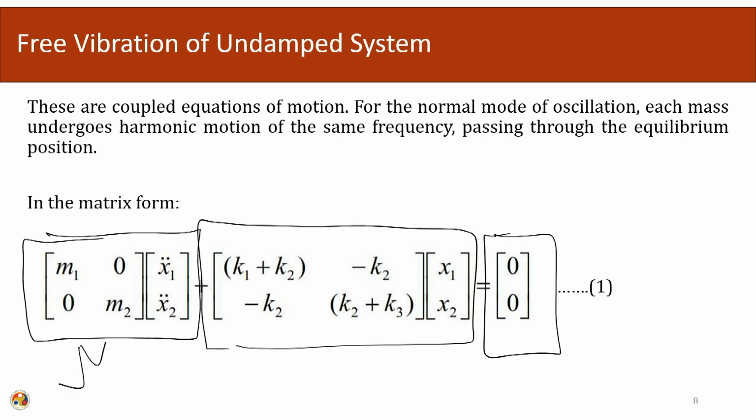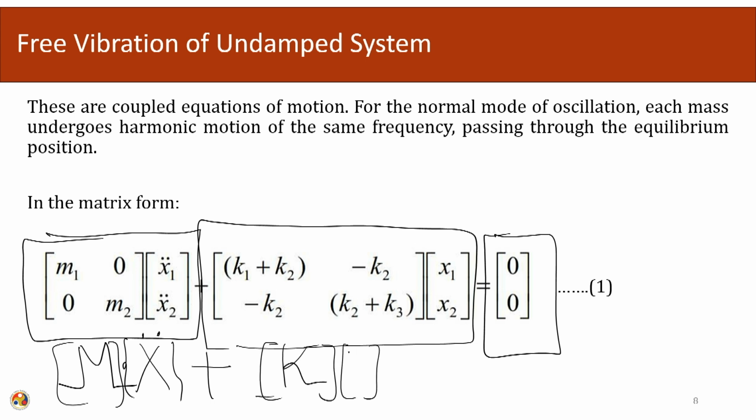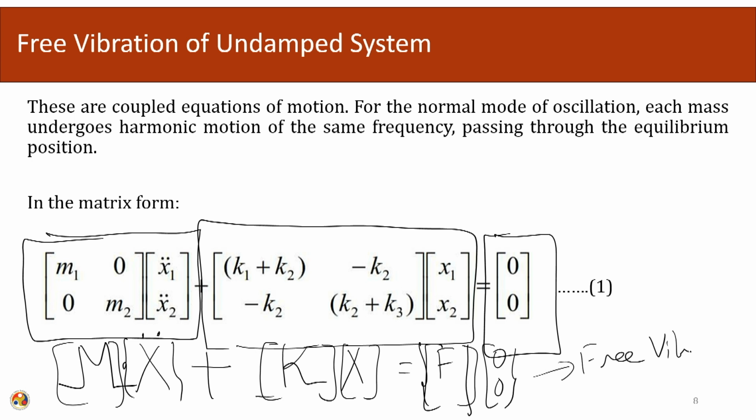So, this is the mass matrix times the acceleration function plus the stiffness matrix times the displacement field equals the forcing function, which is 0 in this particular case. So, this is the free vibration equation of an undamped system.